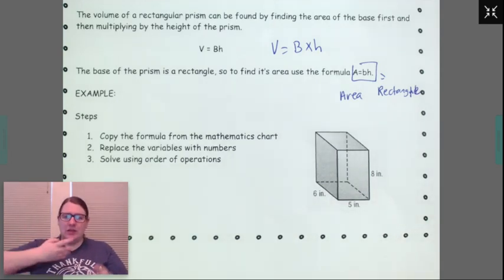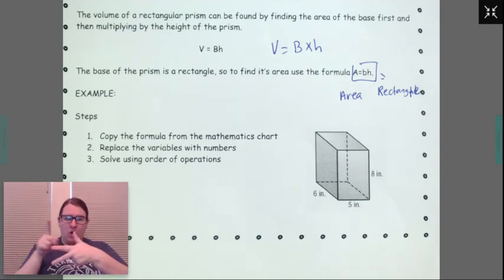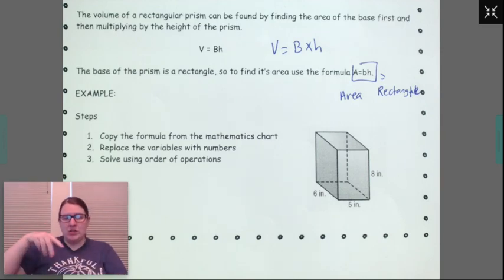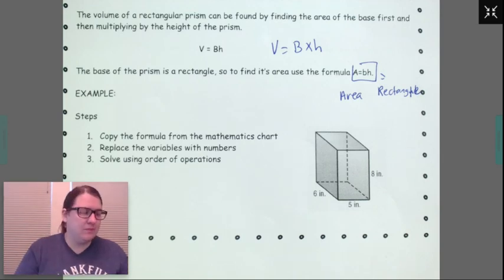All right, so here's our example. For number 1, we're going to copy the formula from the mathematics chart. For 2, we're going to replace the variables with numbers. For 3, we're going to solve using order of operations, PEMDAS.